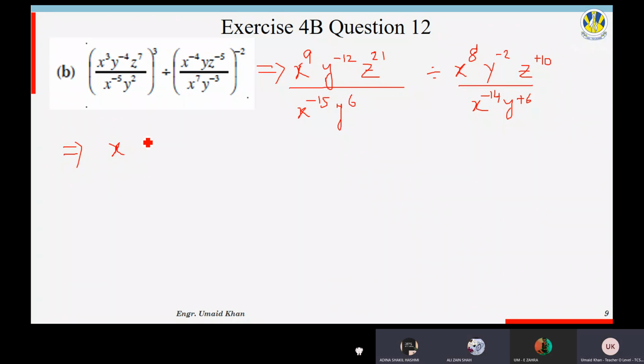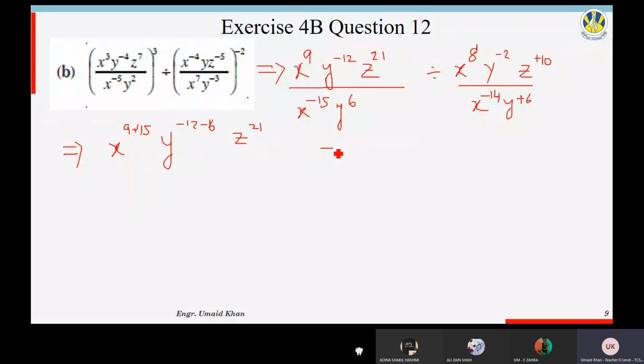It will be subtracted, but there is a minus sign with 15. Then it will be added. Added, very good. So it will be 9 plus 15, right? Then the power of y will be minus 12 minus 6. It will be minus 18, because when 6 is taken upside, it will be minus 6, and z will remain as it is, 21.